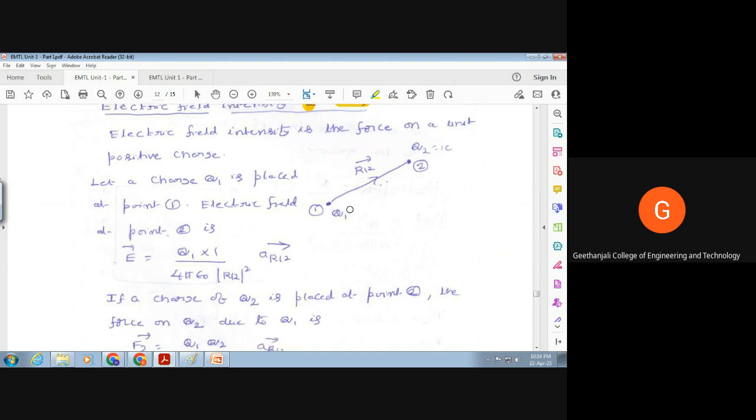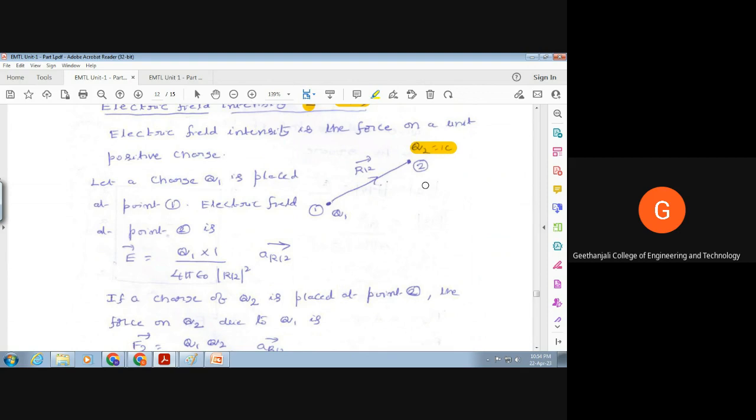Now, just now we have seen that suppose there are 2 point charges Q1 and Q2. What is the vector force on Q2? Q1 into Q2 by 4 pi epsilon naught R12 square AR12. So, if I want to find out what is the electric field intensity at point 2 because of the charge Q1, all I have to do is make this Q2 as 1 coulomb, because electric field intensity is the force on a unit positive charge.